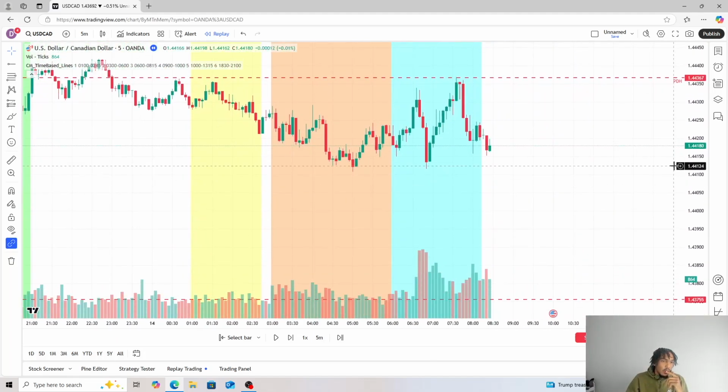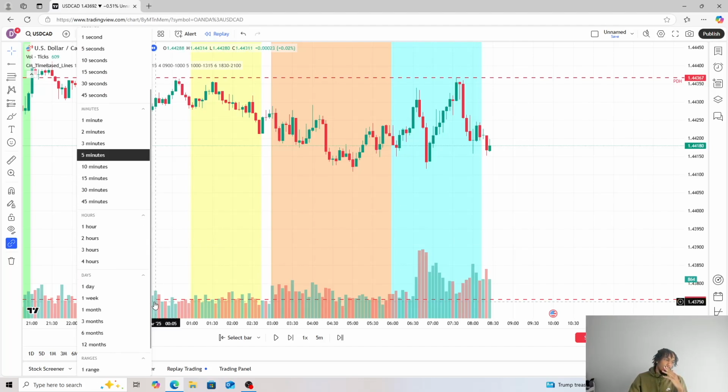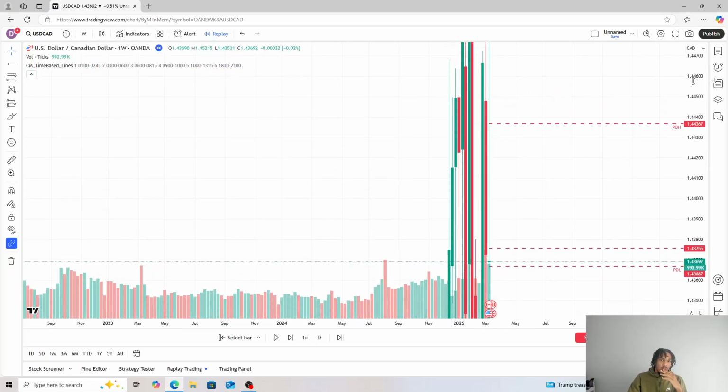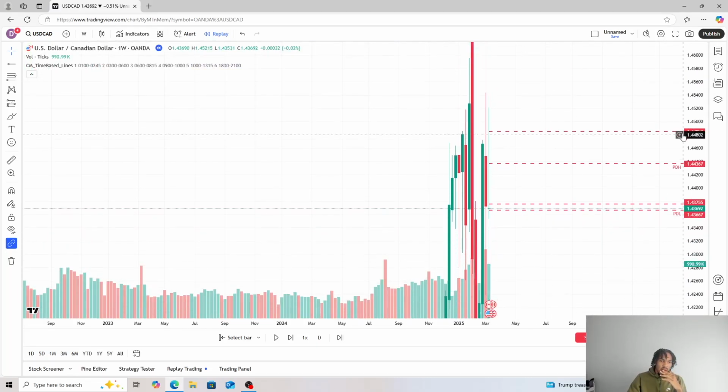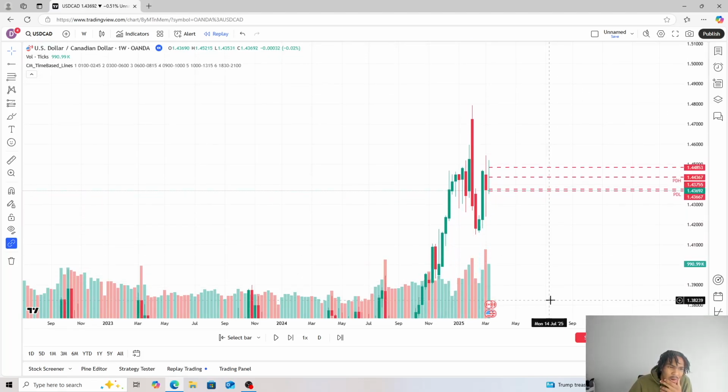Now, we always want to start off on our higher time frames just to see what's going on, get a market direction, like get a bias basically. So let's go ahead and start off on the weekly. On the weekly, we really don't got too much.